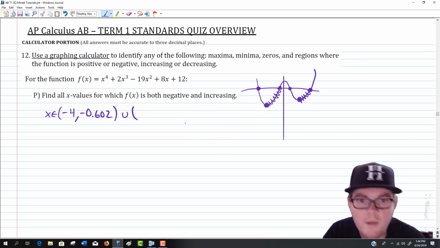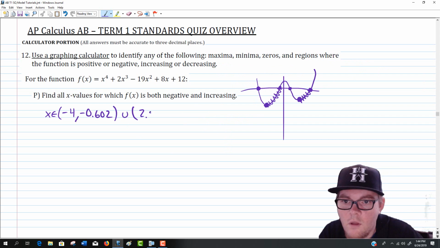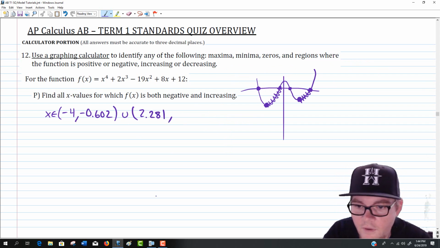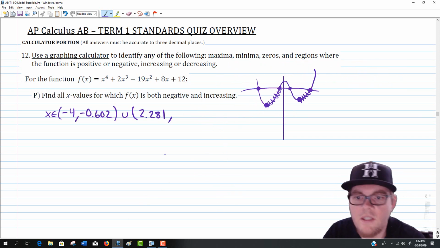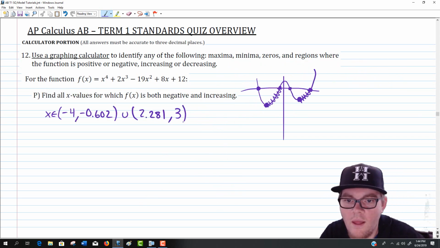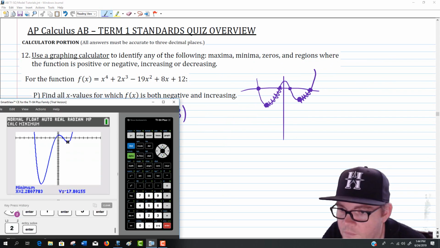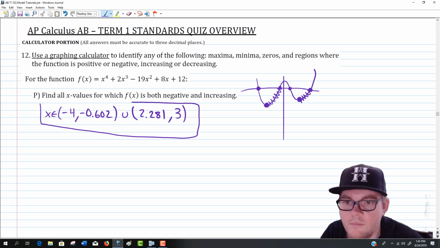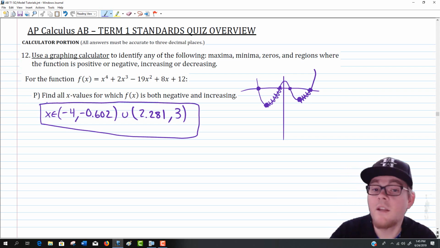Oh, 2.281. And then the 0 itself at the far end was, I want to say 3, but let's make sure. It was indeed 3. And so there are our two intervals where f is both negative and increasing.